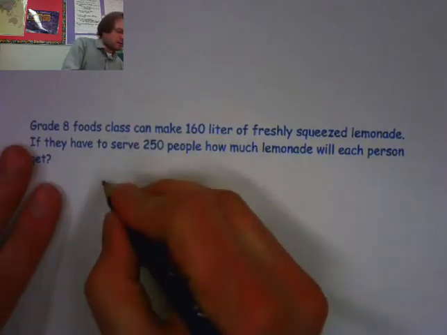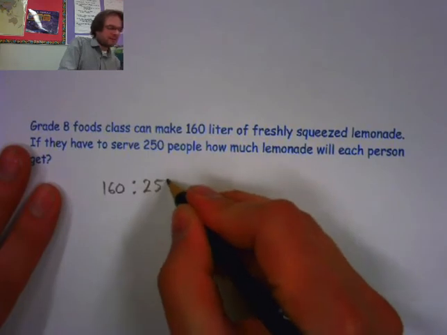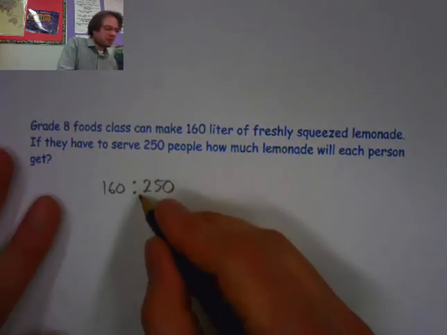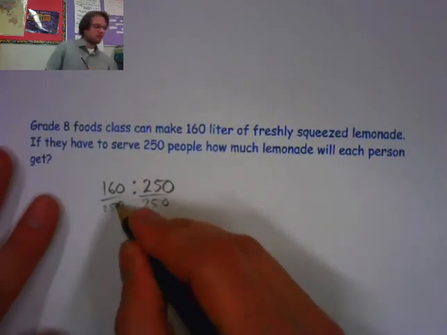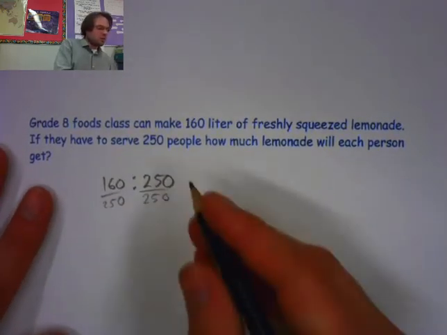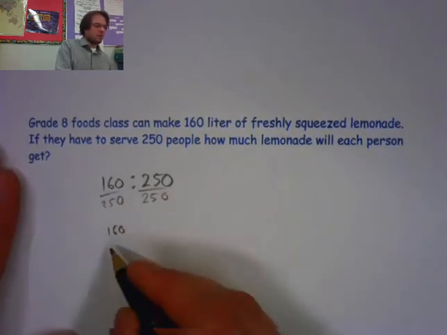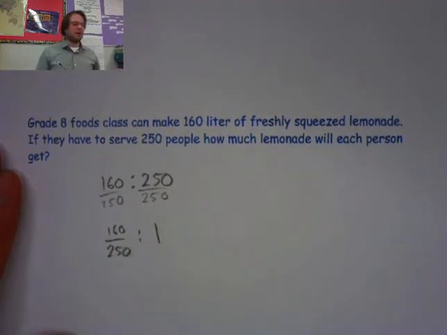So we have 160 to 250. So I'm going to divide this by 250, divide this by 250. Okay? So now this is per 1. So we're going to get 160 over 250 to 1. And that would be per person.